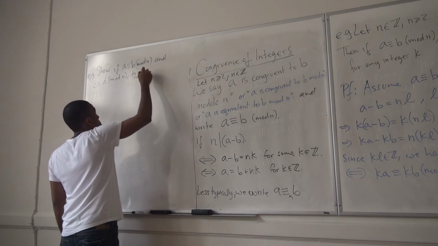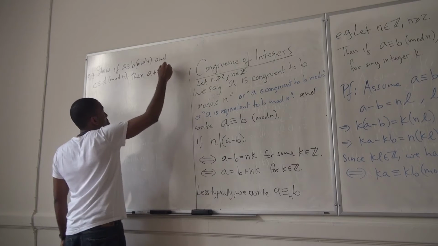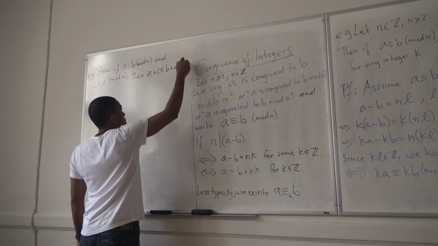Then I can add them: A plus C is equivalent to B plus D mod n.